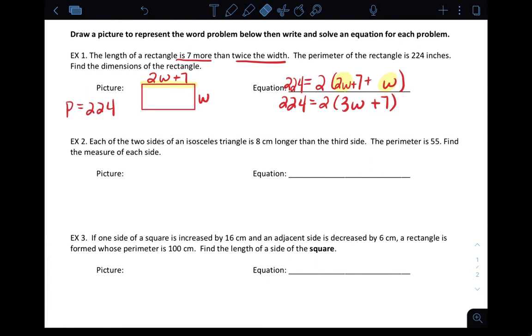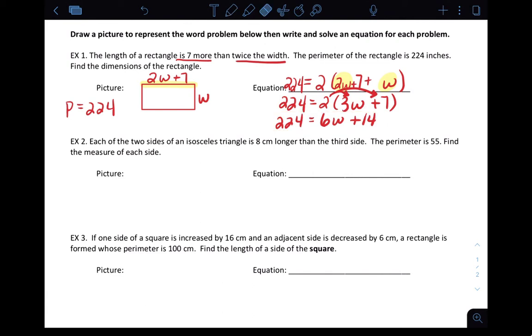Or you can actually continue to simplify, meaning I need to distribute this 2 inside the parentheses. So I'd have 224 equals 6W, and then 2 times 7 would be 14. This again would be a really great equation for this problem.